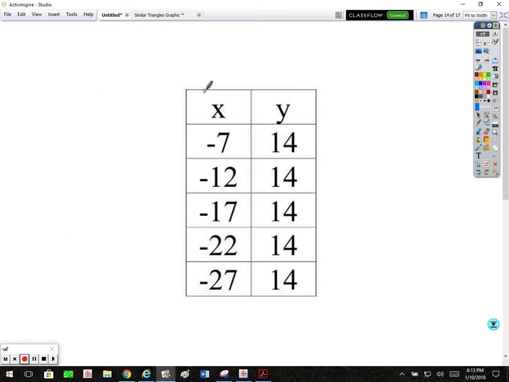All right. Again, run, rise. Well, if I look, all of these numbers are the same. So that means I didn't do anything. I didn't go up or down, left or right. So that should give you an idea now. If we didn't do any change on the y side, that should give you a little hint of what kind of slope it's going to be. But let's see. If I started at -7 and I went to -12, that's subtracting 5.